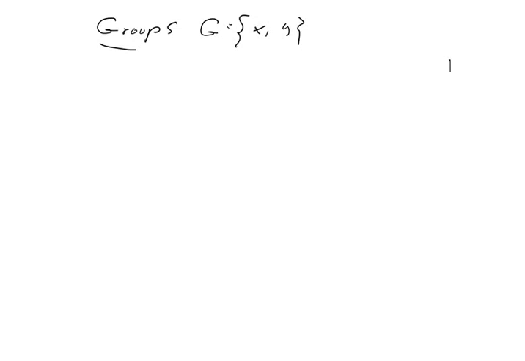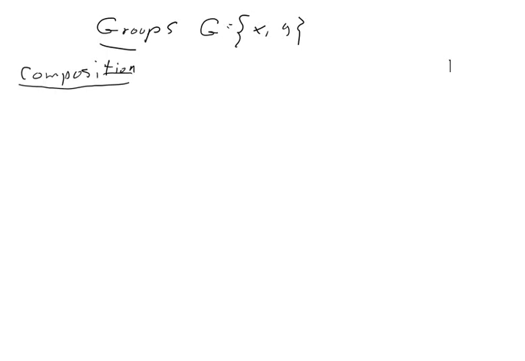Okay, so now I want to study this group. When I want to study any group, we must study the elements or the composition of elements. What does composition mean?